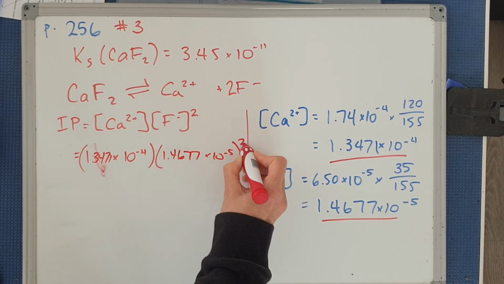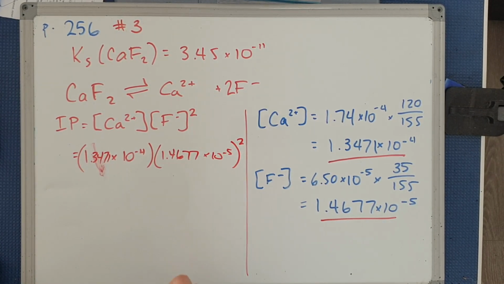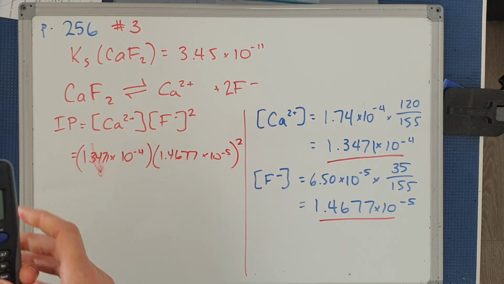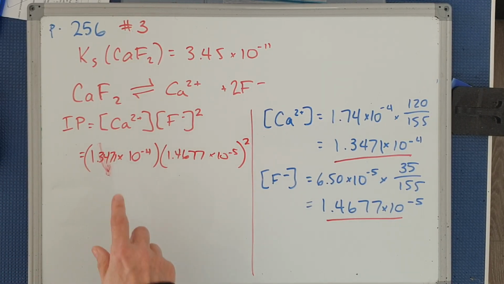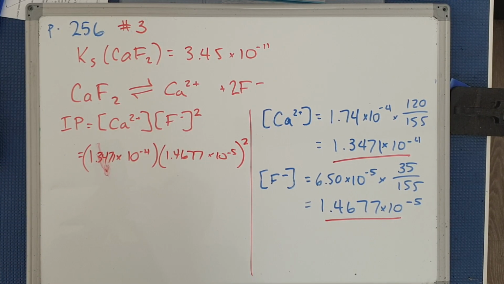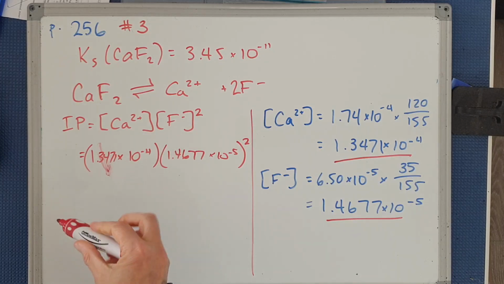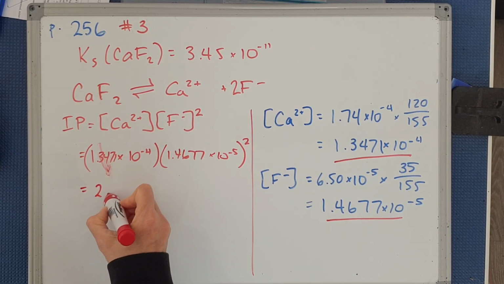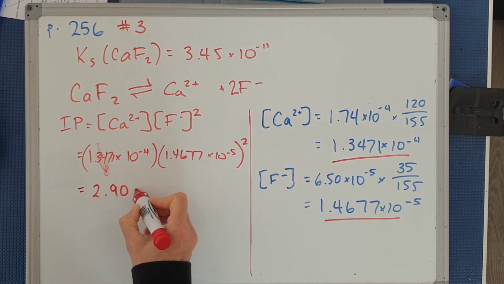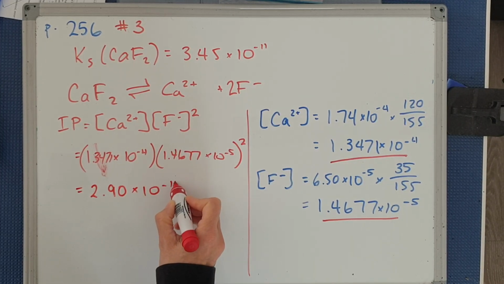Don't forget to square this one. This value is actually still on my calculator, so I'm just going to square it and then times it by this. Probably best to remember to put things in brackets when you're working on these. And so my final answer for my IP is 2.90 times 10 to the negative 14.